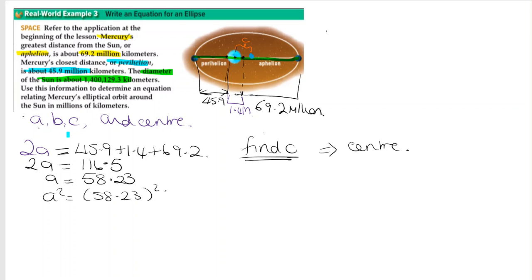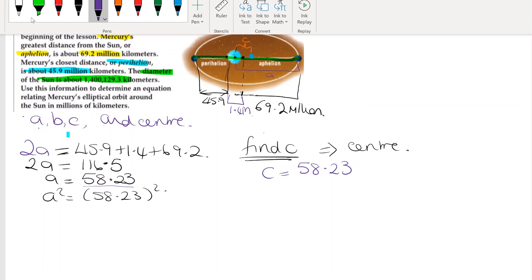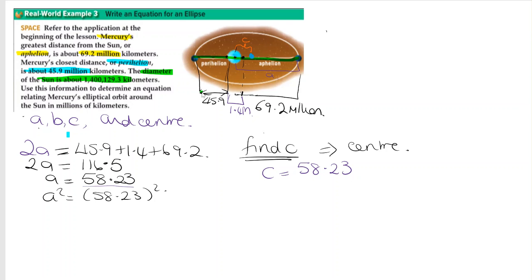So to find C, we know that the length A is 58.23. So A is from our Sun here. We know that we have this point here of 45.9.